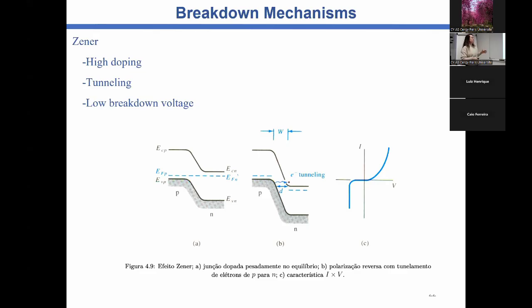So if you have high doping, you can have this effect occurring. When we should block the transport, the carriers are tunneling through the potential barrier here. So we have this transport here because of the huge doping.